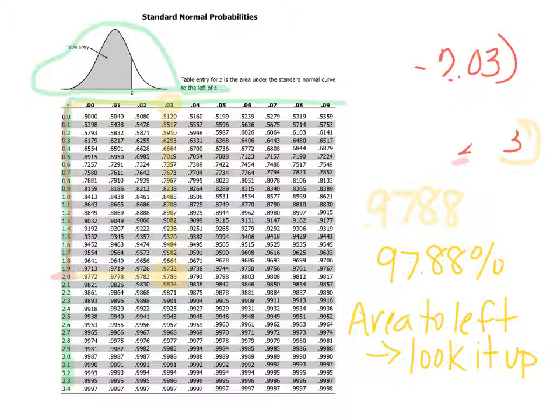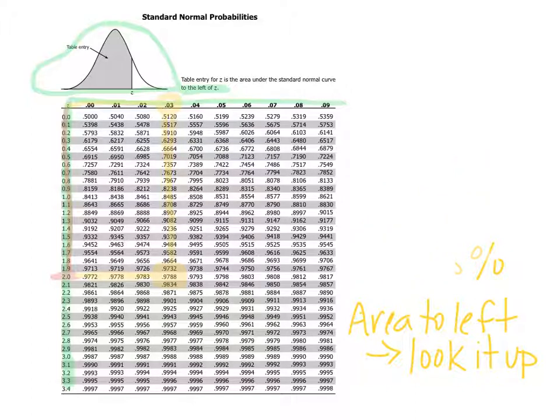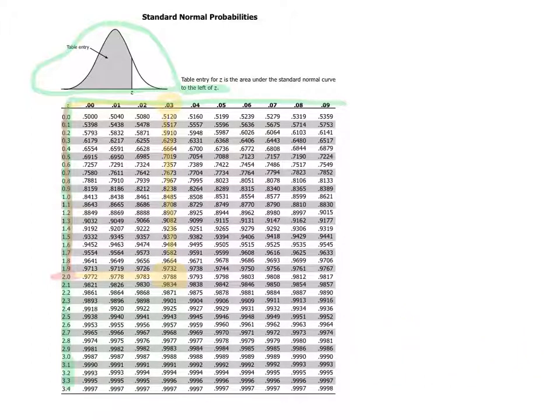All right, so this new one. That was an area to the left. Let's do an area to the right. An area to the right might look like a picture like this, and we'll say z is going to equal 0.42.